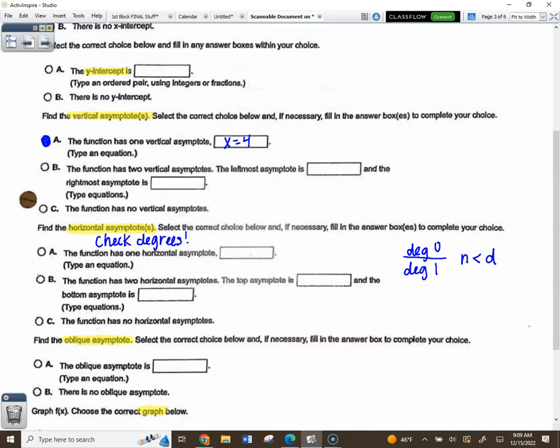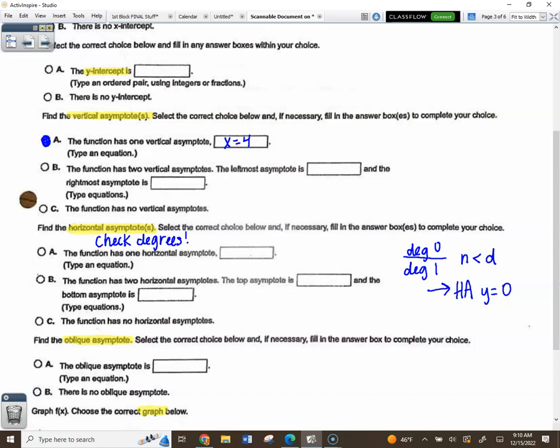This needs to go on your half sheet, the 3 scenarios. Scenario 1 is this one. Numerator less than the denominator, which means, bam, your HA, horizontal asymptote, is at y equals 0 every time. It's always 0.